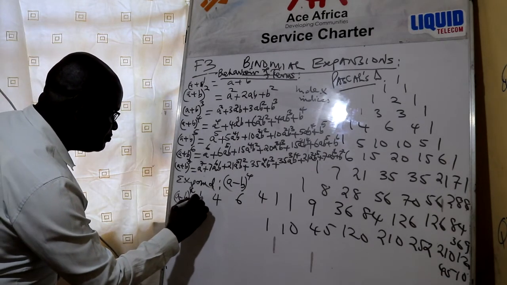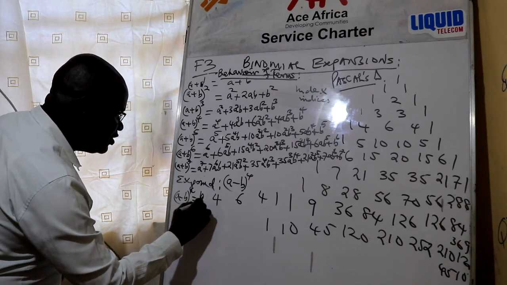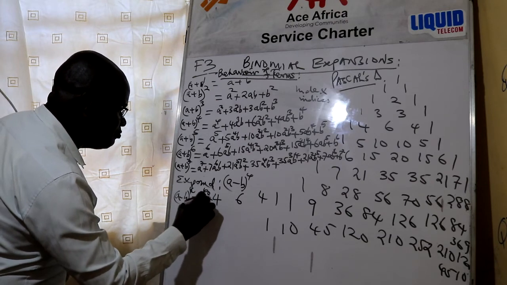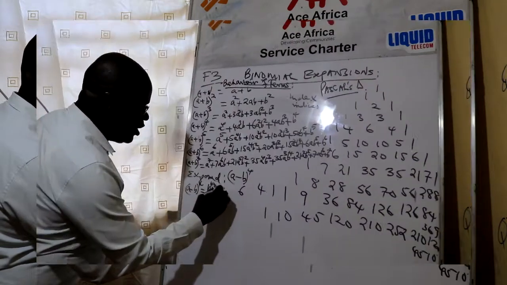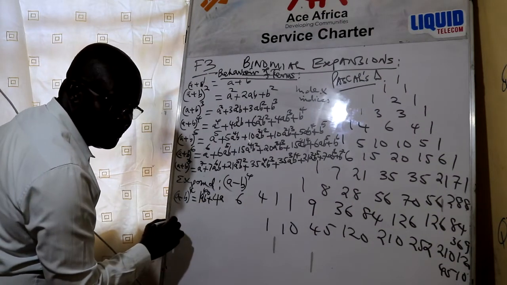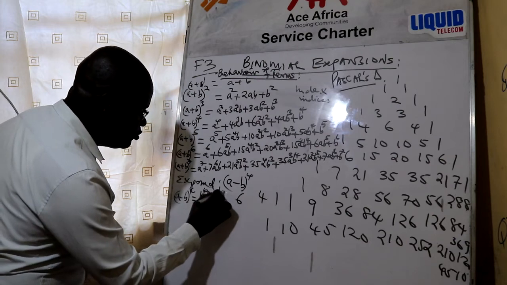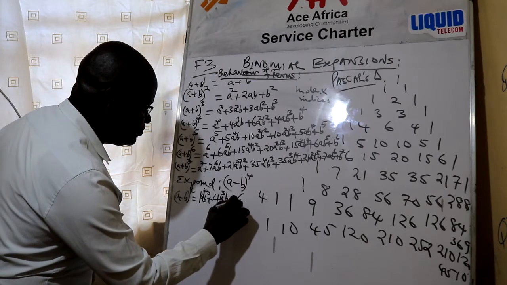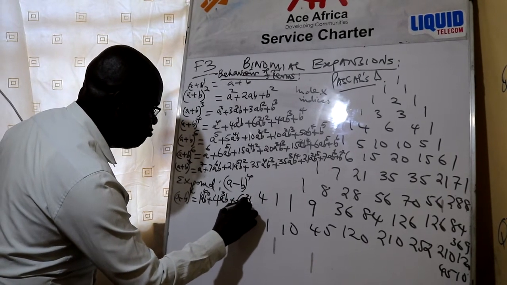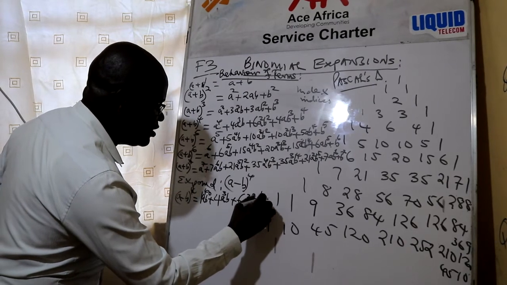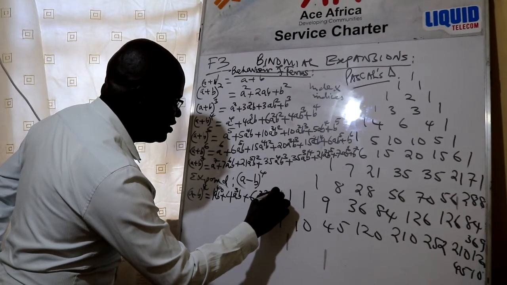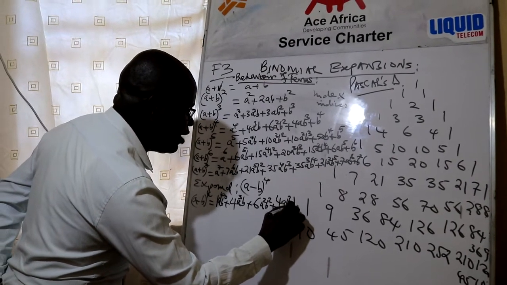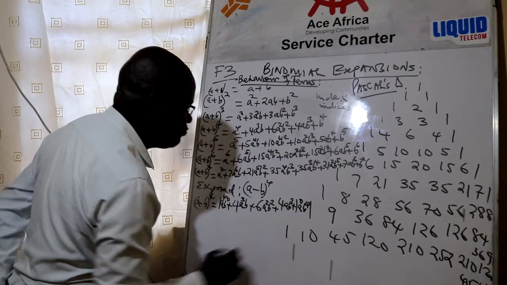That will be A raised to 4, B raised to 0, plus 4A raised to 3, B raised to 1, plus 6A squared B squared, plus 4A B raised to 3, plus 1A raised to 0, B raised to 4.